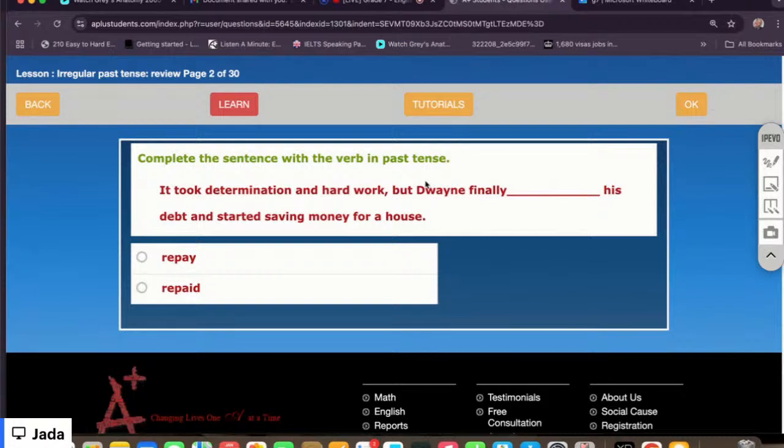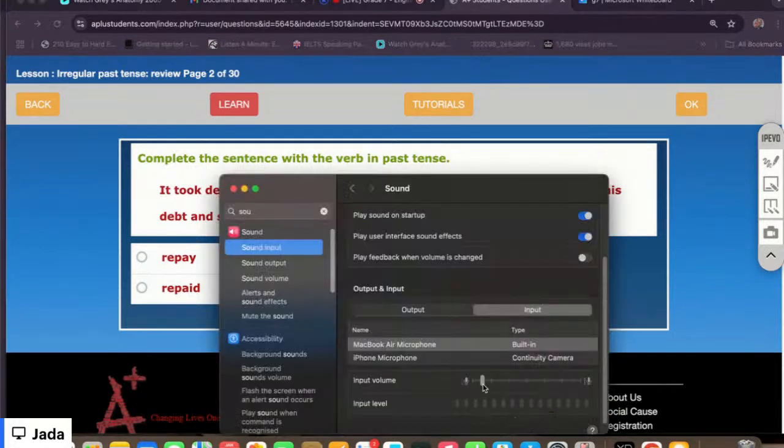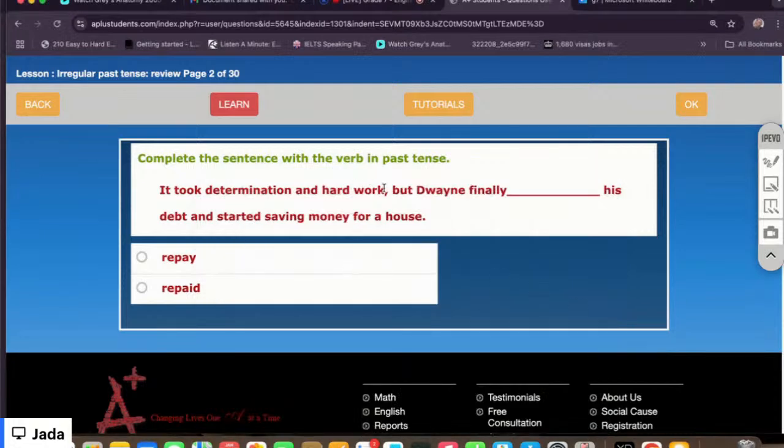So we also have: it took determination and hard work, but Wayne finally dashed his debt and started saving money for a house.